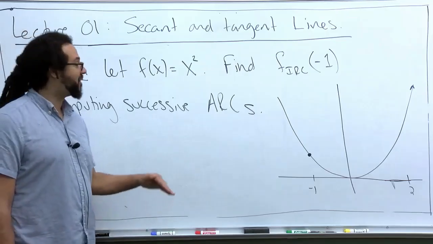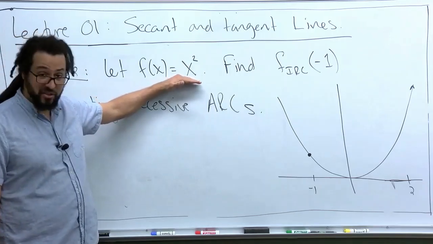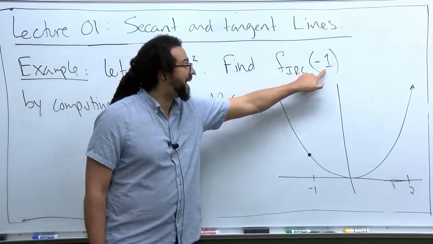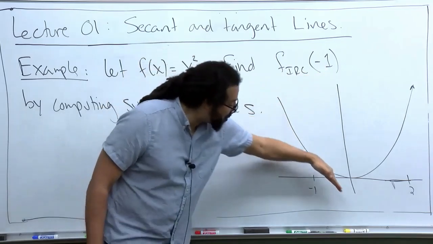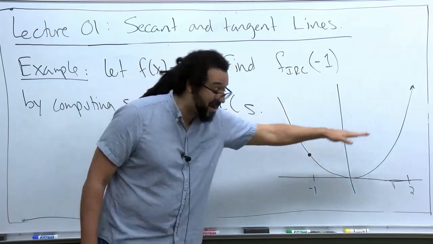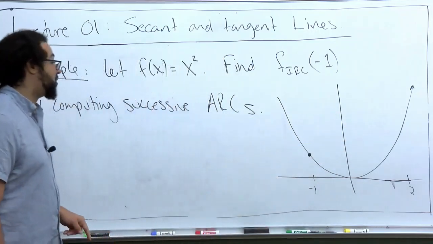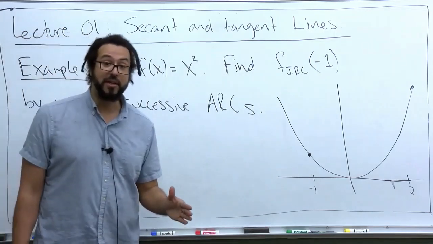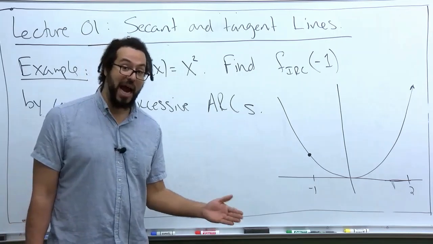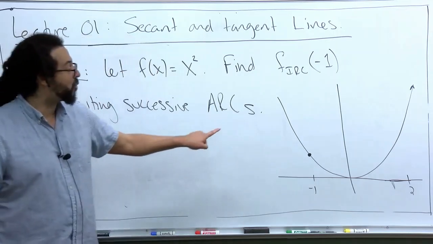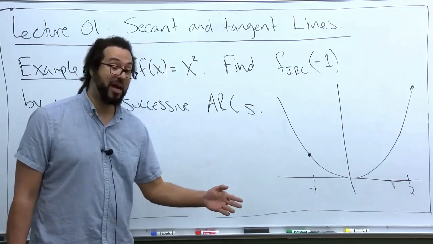Okay, now we want to compute the instantaneous rate of change of the function f(x) = x squared, and we want to find that at the point where x is equal to -1. So we're looking for the slope of the tangent line to the curve x squared where x is equal to -1. We don't really have a good way of doing that yet. We don't have a formula like we did for the average rate of change. So what we will do is compute successive average rates of change.